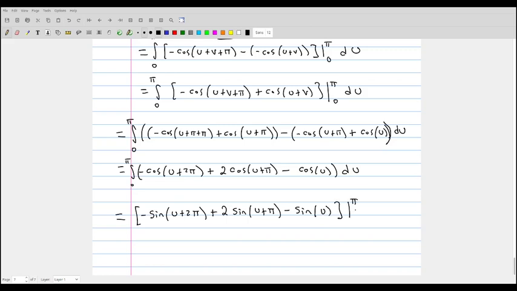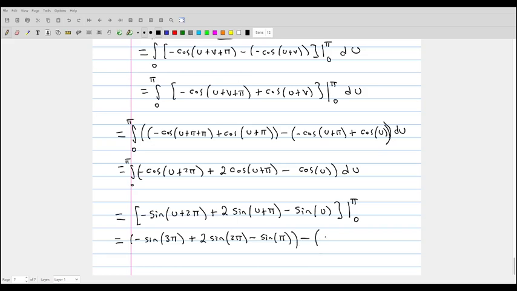Evaluated from pi to 0. And so finally, to get this value, when we plug in, we'll get negative sine of pi plus 2 pi, or sine of 3 pi, plus 2 times sine of 2 pi, minus sine of pi.